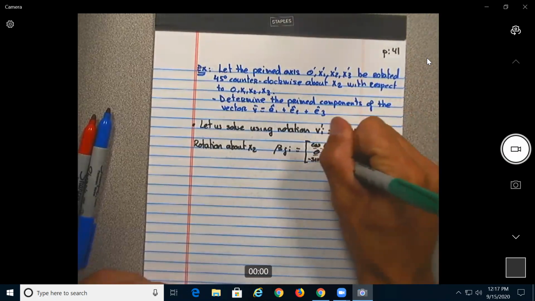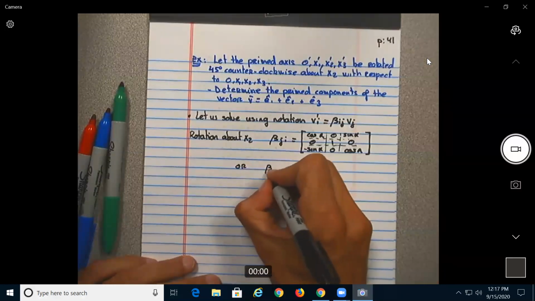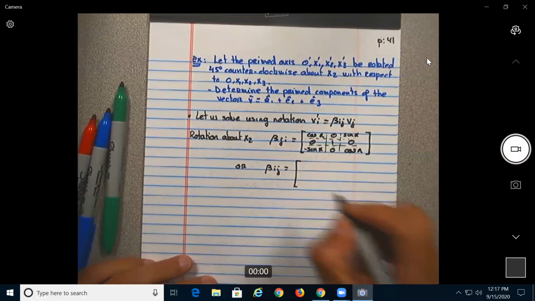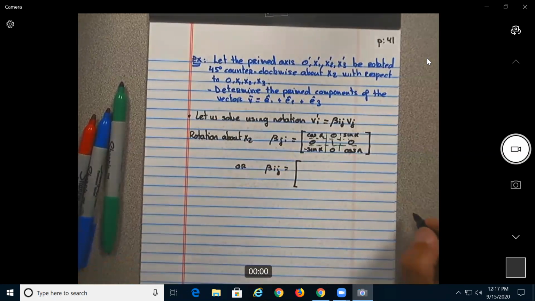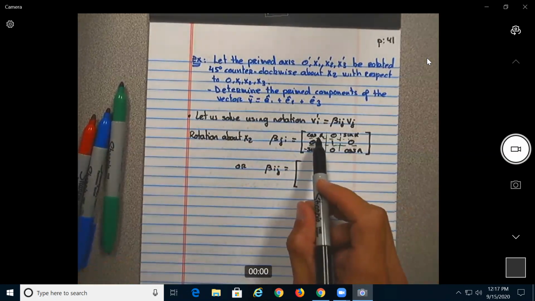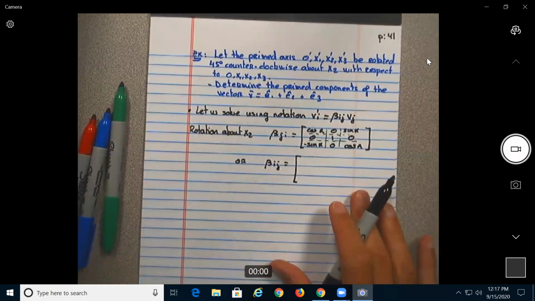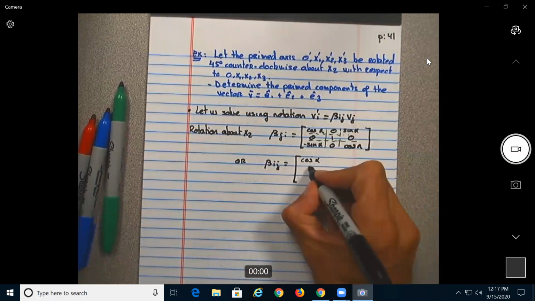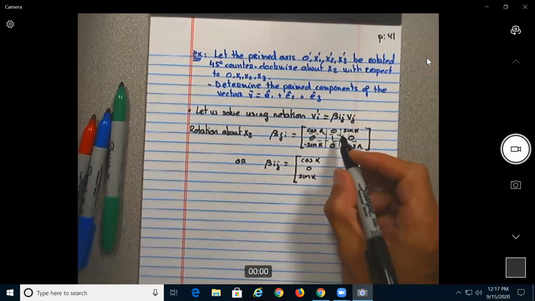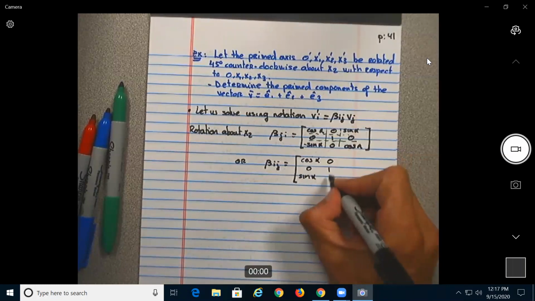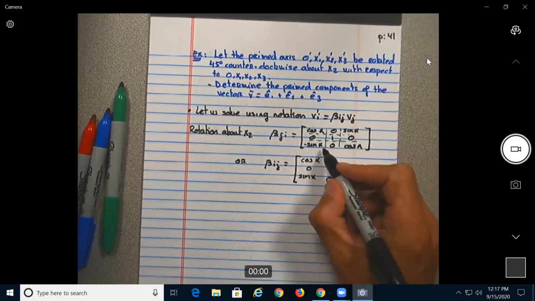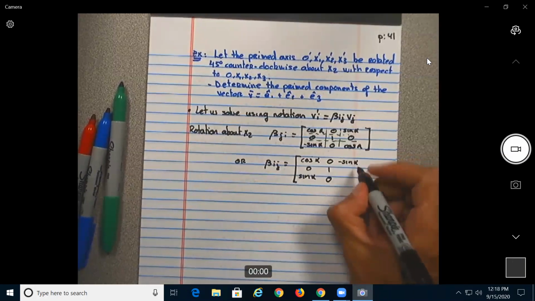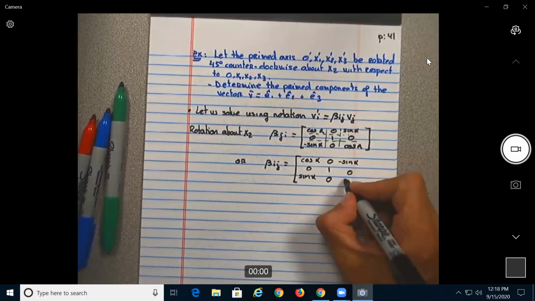Okay, or I could just rewrite it as a function of ij. Well, that would mean what? That the lines will become the columns, no? So it will be cos alpha 0 sine alpha. Then this one will be unchanged. And now the last one will be minus sine alpha 0 cos alpha. Yeah, that's correct.